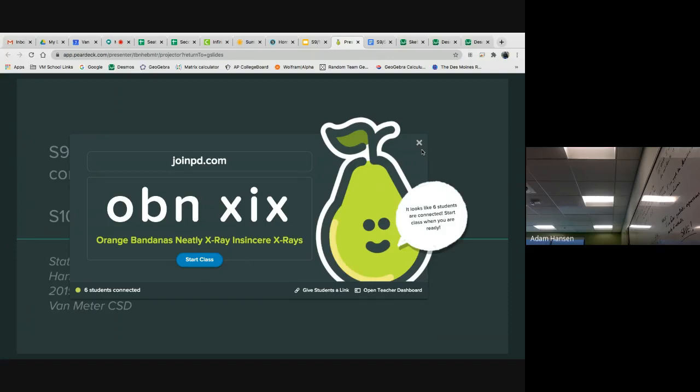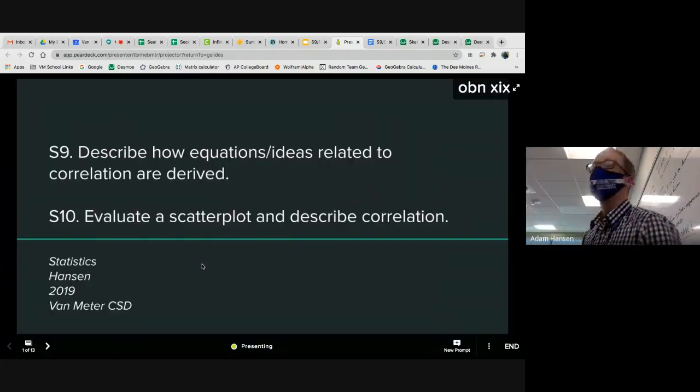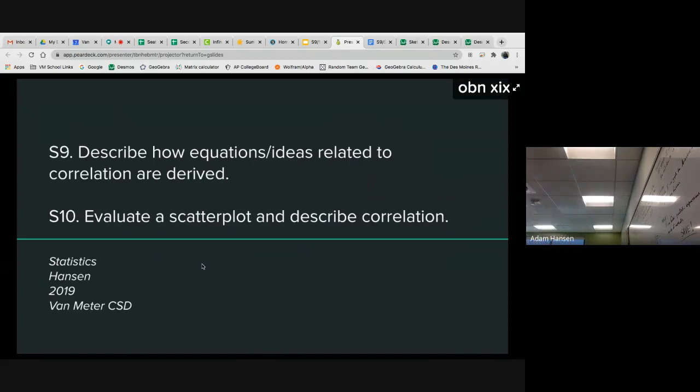I calculate what's called the correlation coefficient. I have group standards 9 and 10 together here, getting started for this next set of slides.